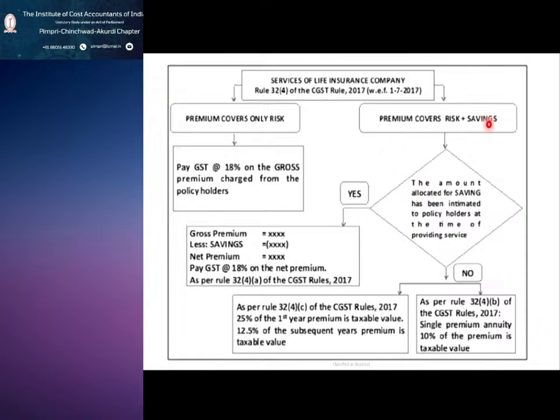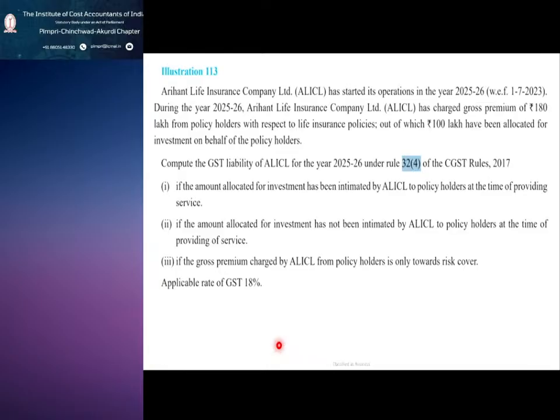So the premium covers risk plus savings. If the amount allocated for savings is intimated to the policy holders, we have to go with this option. If not, we have to go with the second option, 12.5. The agent who collects the premium from you conveys that this premium is not only risk, it also has savings of 2%, 5%.